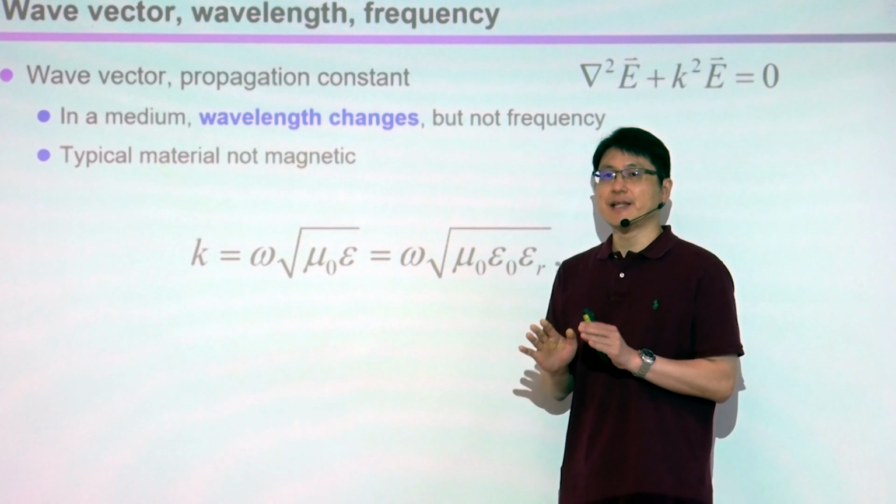The relative permittivity, usually, or let me say 100%, is frequency dependent, right? So you should add epsilon r of omega to this so-called permittivity, okay? And therefore, your refractive index is frequency dependent, okay?